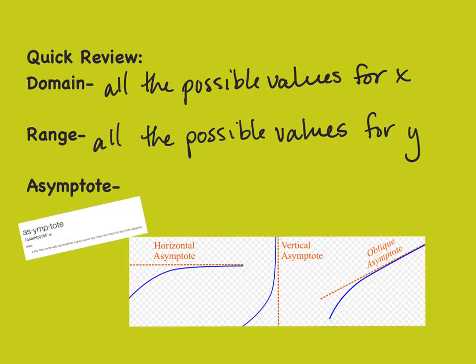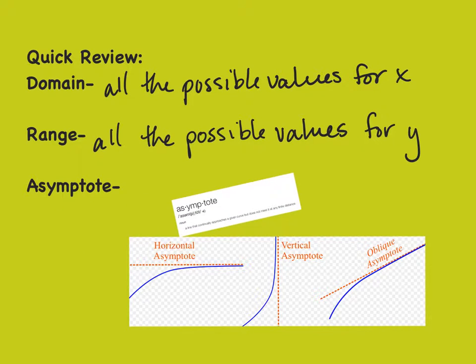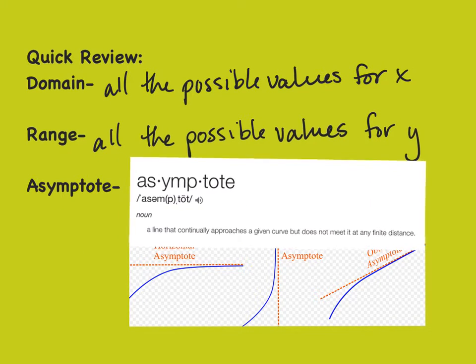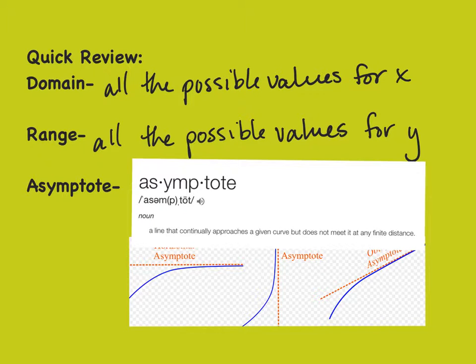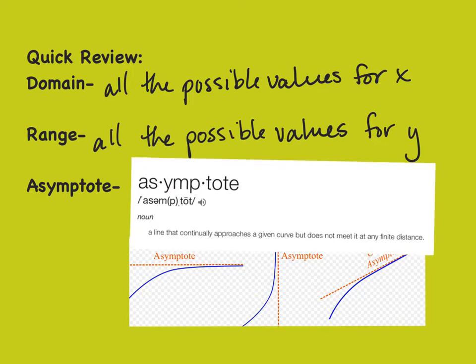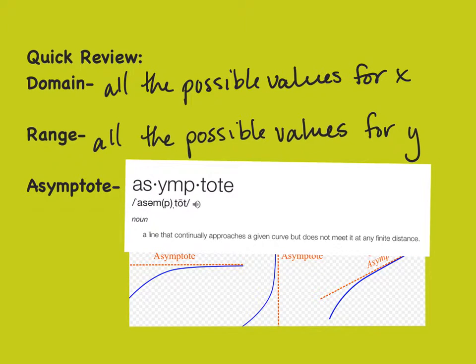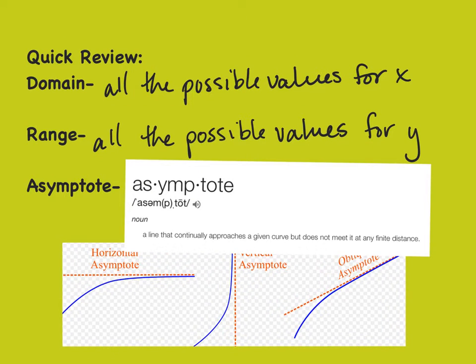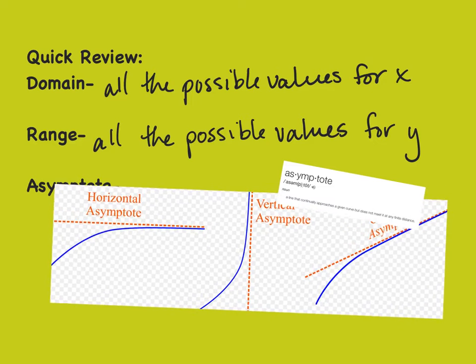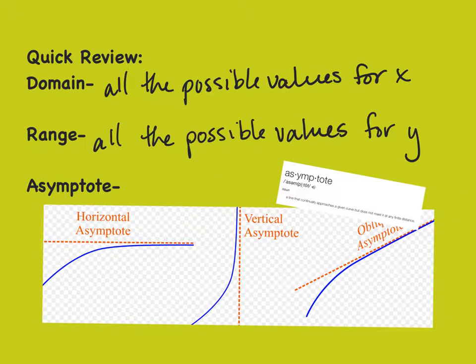Another piece of information I want to give you is the asymptote. The asymptote is a line that continually approaches a given curve but does not meet it at any finite distance. So basically it's a line that your graph gets closer and closer to, but does not meet.